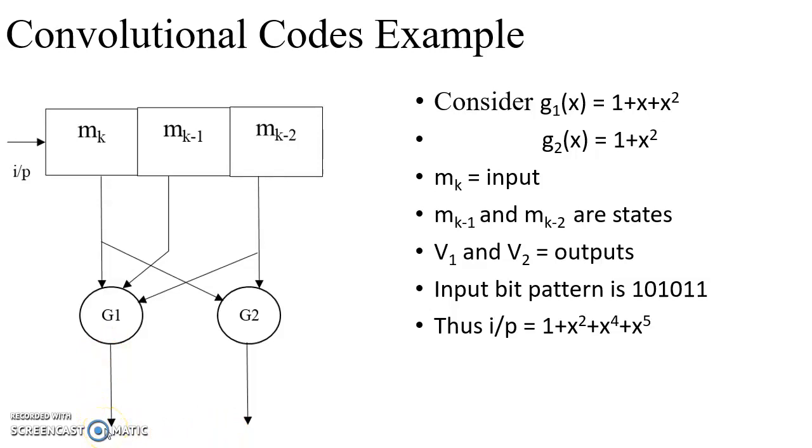We'll find the outputs v1 and v2 for the input bit pattern 101011. The input is written in polynomial form as 1 plus 0 times x plus x square plus 0 times x raised to 3 plus x raised to 4 plus x raised to 5.